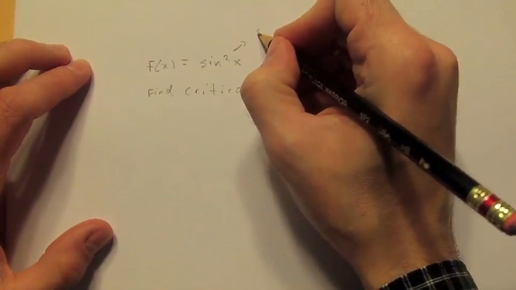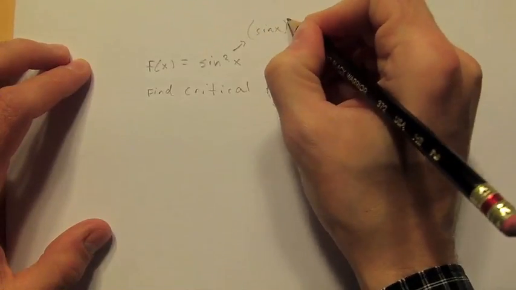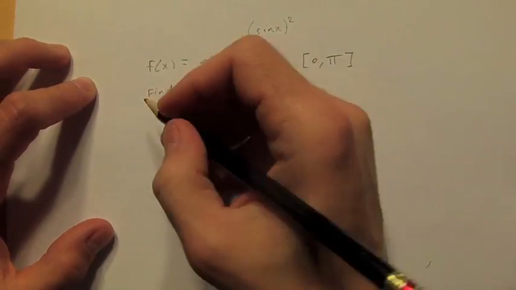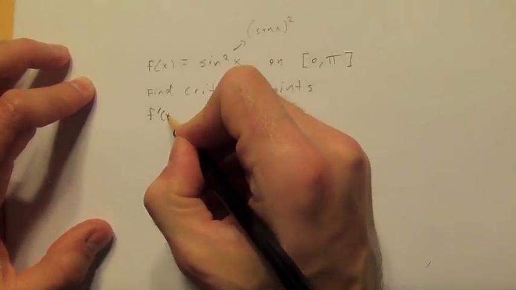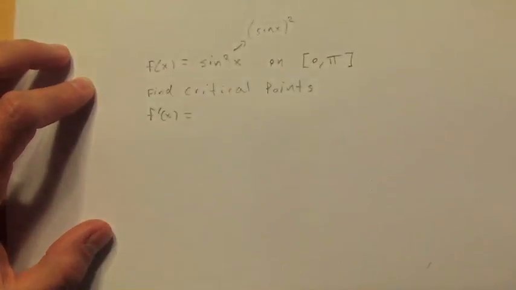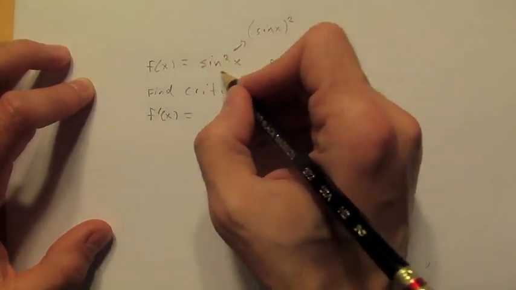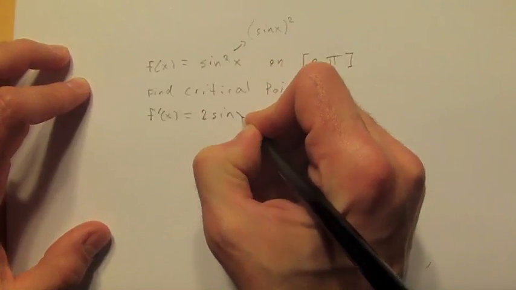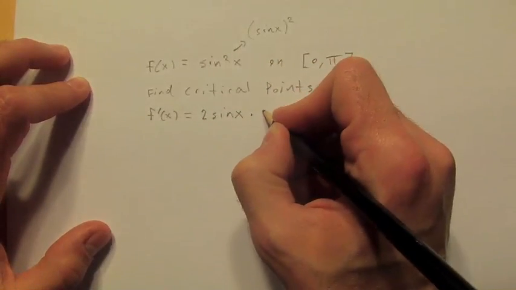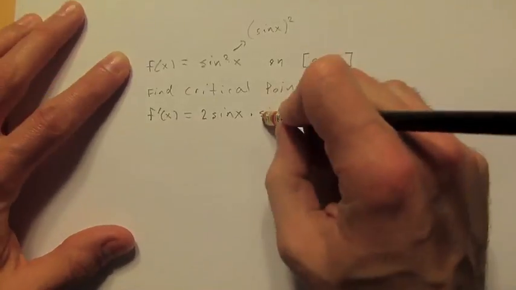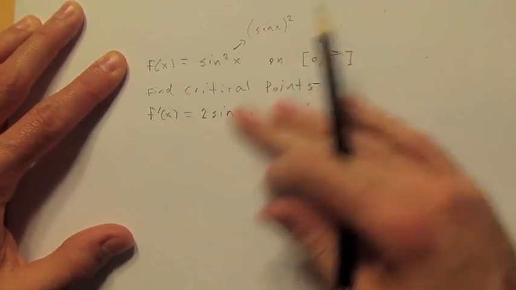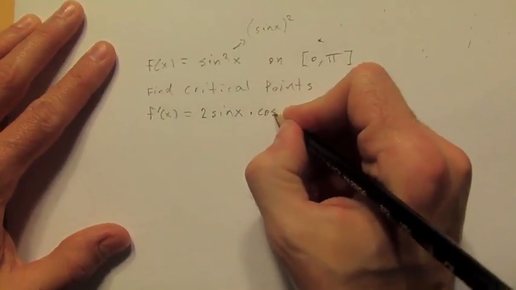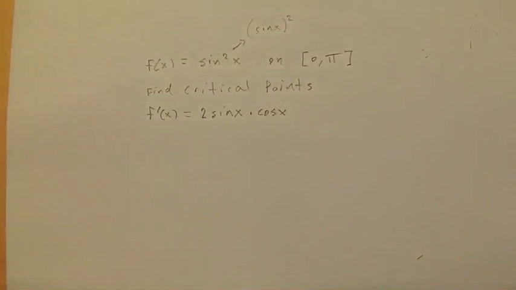You might like it written as sine of x squared, but eventually you'll get used to the fact that sine squared x is sine of x all squared, and when we take the derivative, it will be a chain rule, so this will be 2 sine of x to the 1 times the derivative of sine, which is cosine. So I get 2 sine x cosine x.